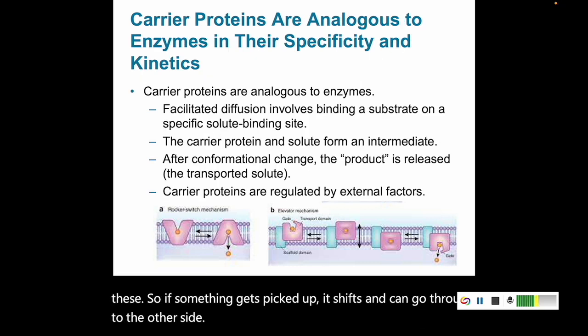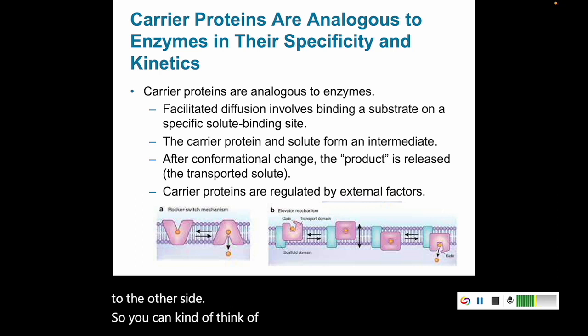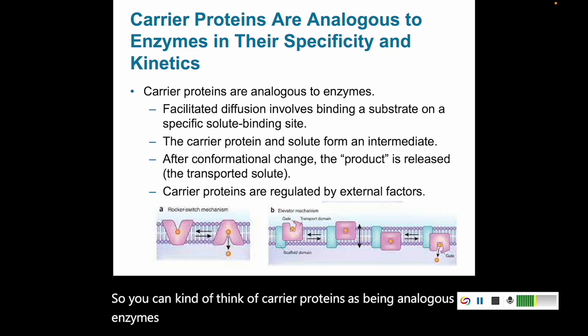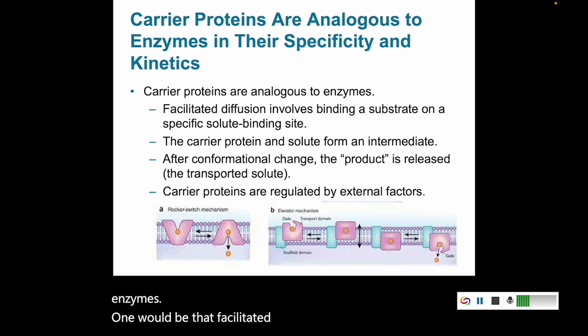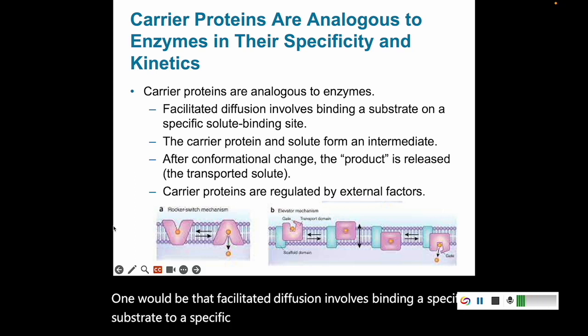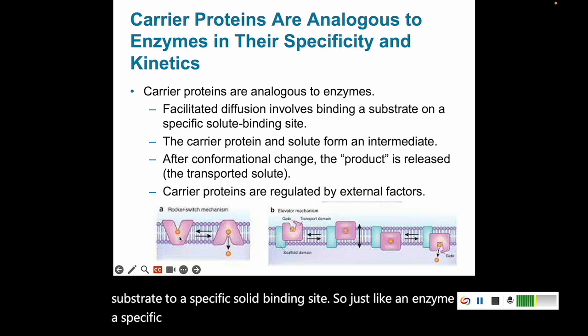You can kind of think of carrier proteins as being analogous to enzymes. There are a lot of traits they have that are similar to enzymes. One is that facilitated diffusion involves binding a specific substrate to a specific solute binding site, just like an enzyme has a specific substrate that it binds to its active site.